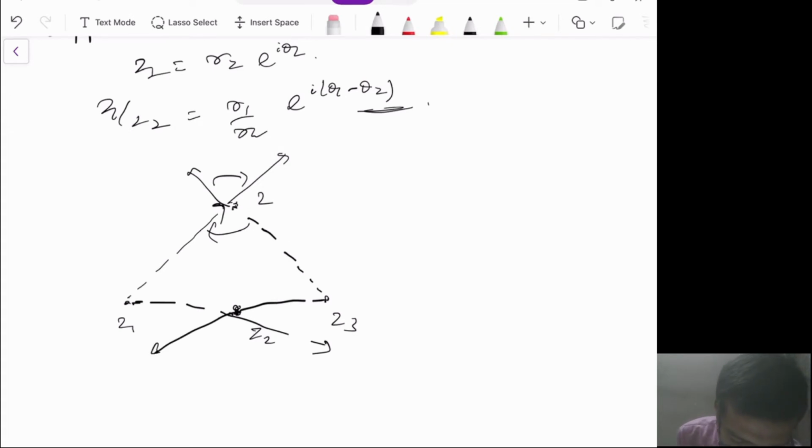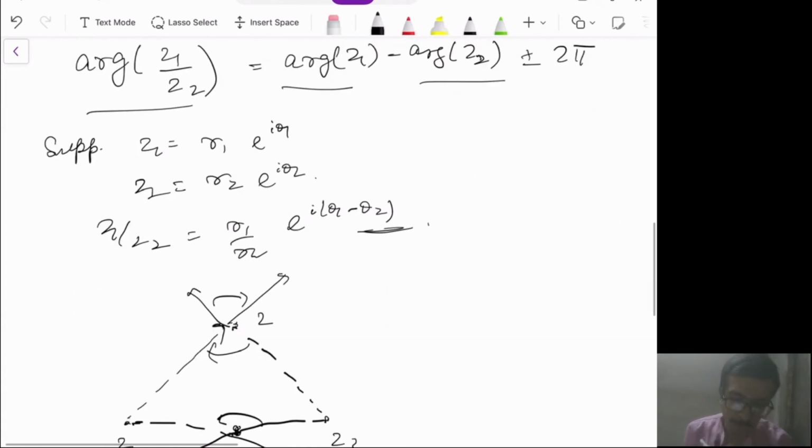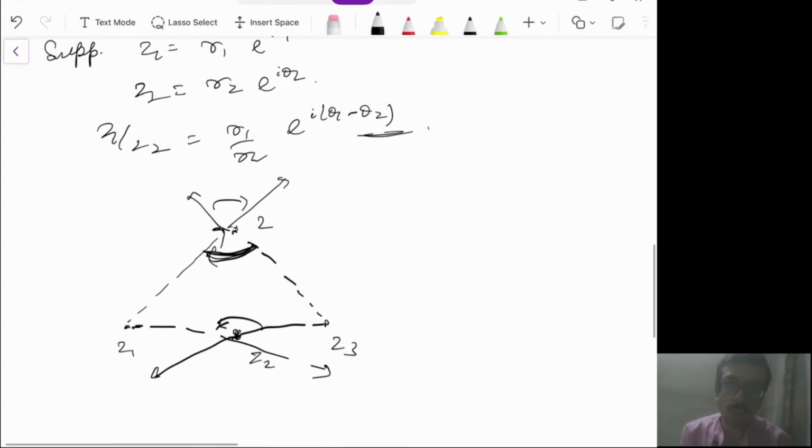So here again we have this angle, and what it says is that the sum of these arguments is going to be plus pi. Now we know that for a cyclic quadrilateral this is indeed true.